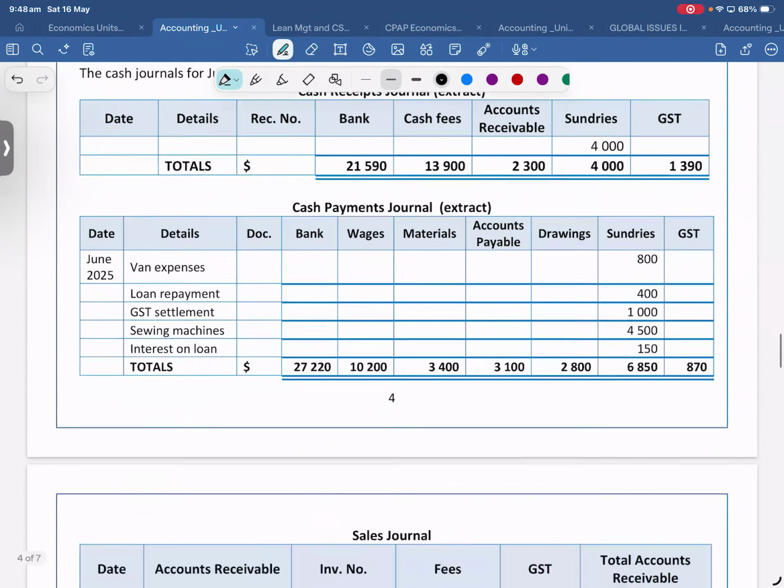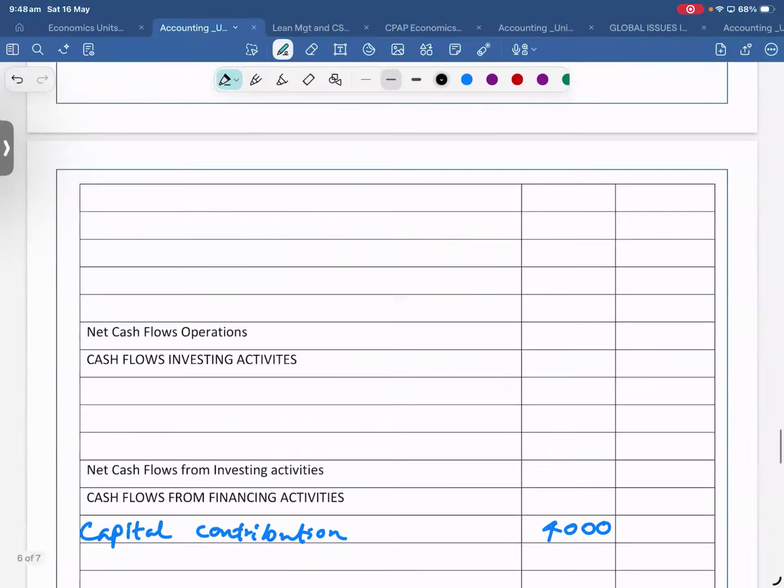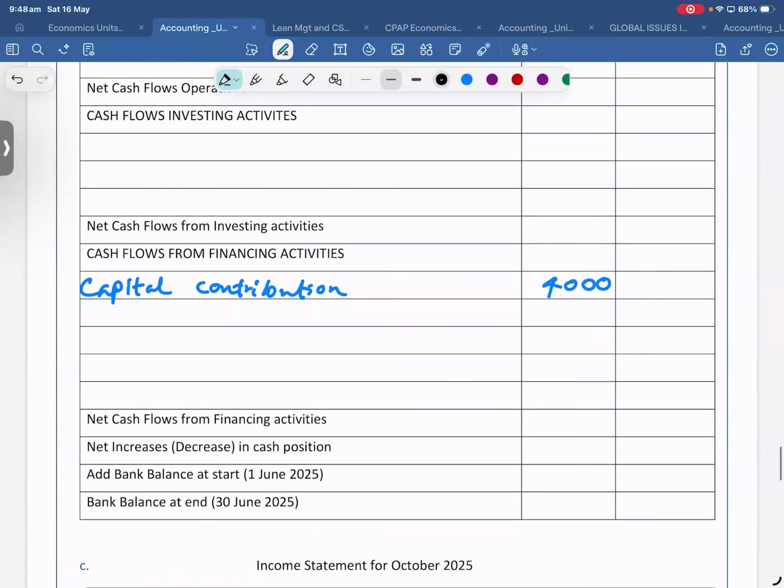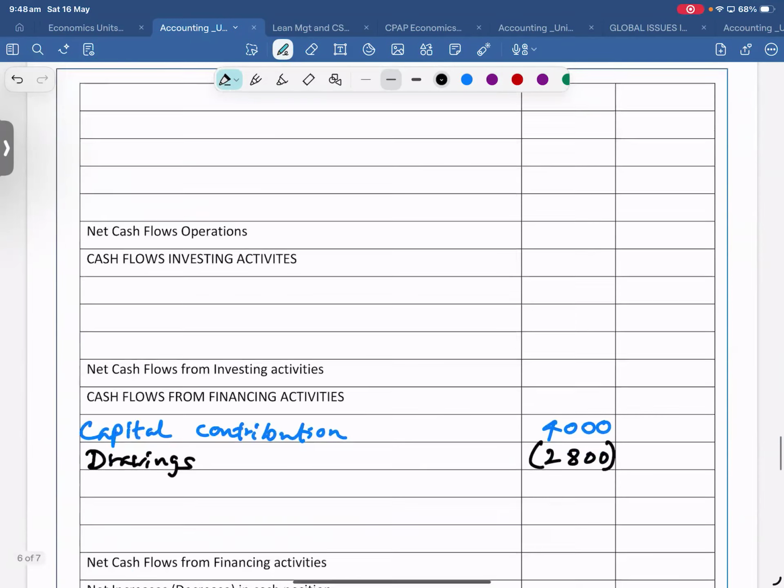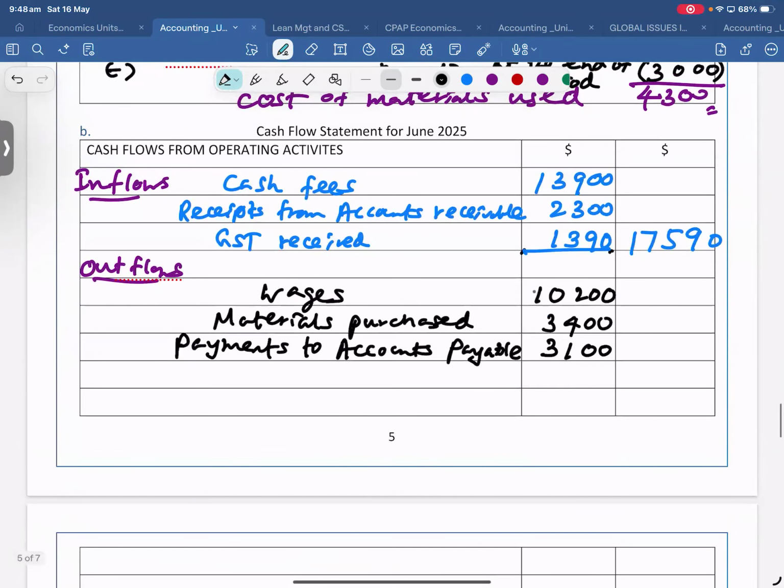Probably the financing. Wonderful. It's a cash outflow that changes the financial structure. So we can say drawings, 2,800. We'll put all the payments within brackets, the other outflows also within brackets. So get used to using brackets.